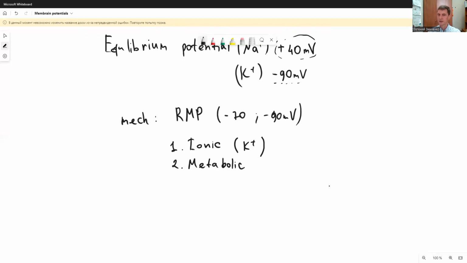K plus ion is an intracellular ion. The concentration gradient is as follows: inside more than outside. That's why K plus diffuses outside, and positive charge will go out of the cells. That's why the inside of the cell has negative charge in the resting period, and the outside receives positive.